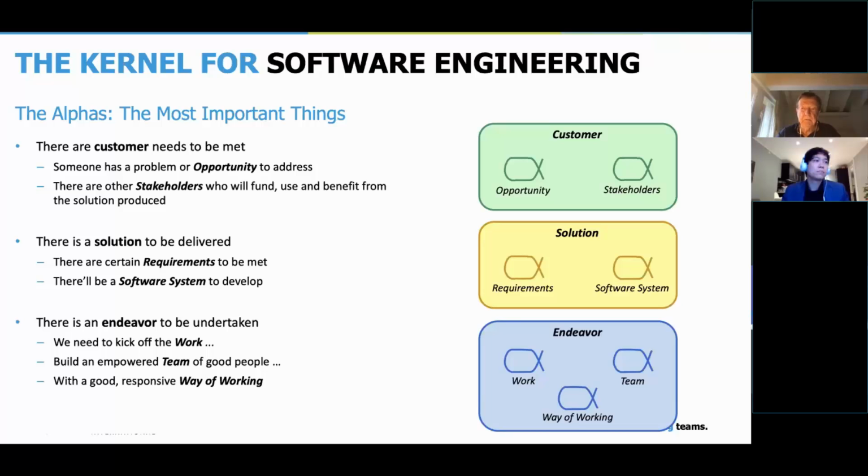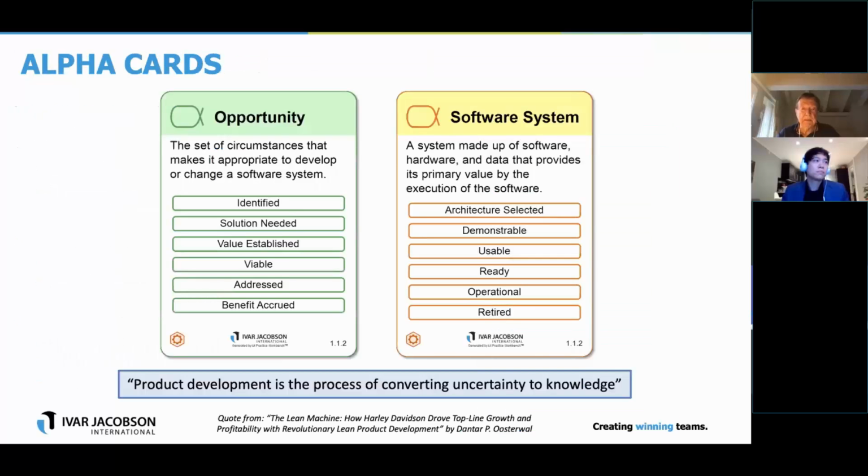I'll show you more about how we represent an alpha. Every alpha has a card like this, and every alpha has a number of states it goes through. For instance, with an opportunity, the first state you get to is that there is an identified opportunity.